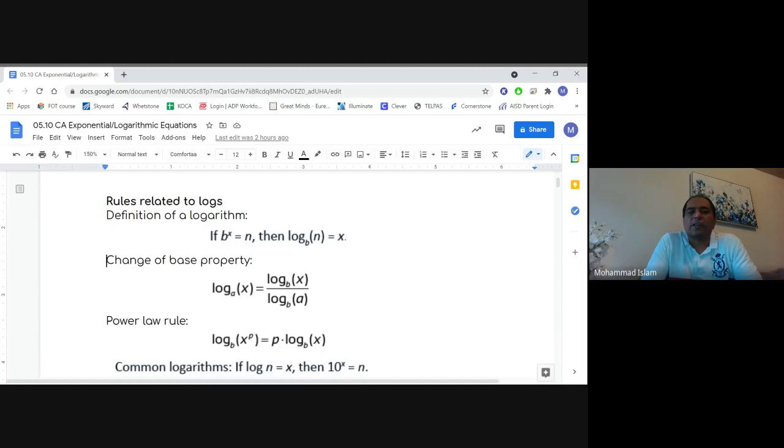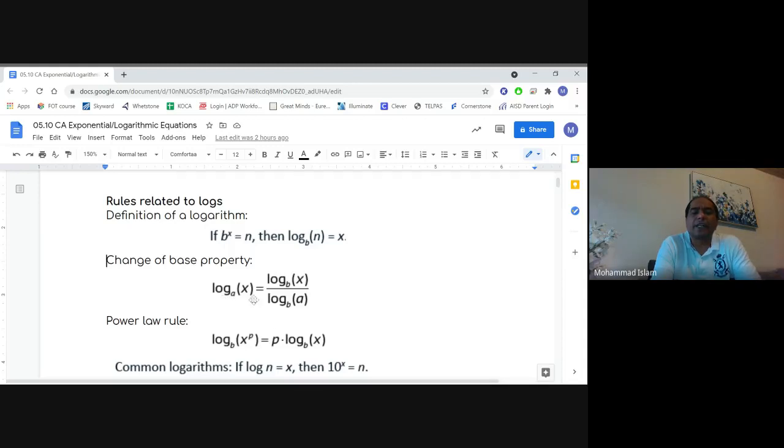Second thing is the change of base property. We know that we may have different bases, like in exponents, we may have 2 as a base, 5 as a base, 10 we know as the common base, and e, the Euler's number. When we change that into log, the same base appears over there. So if we need to change the base of the log, this is the formula that we apply.